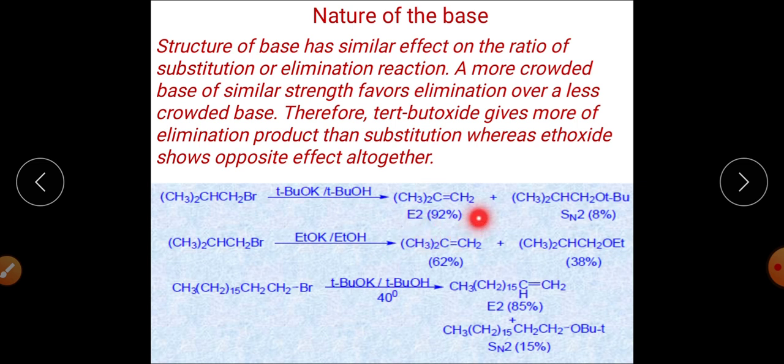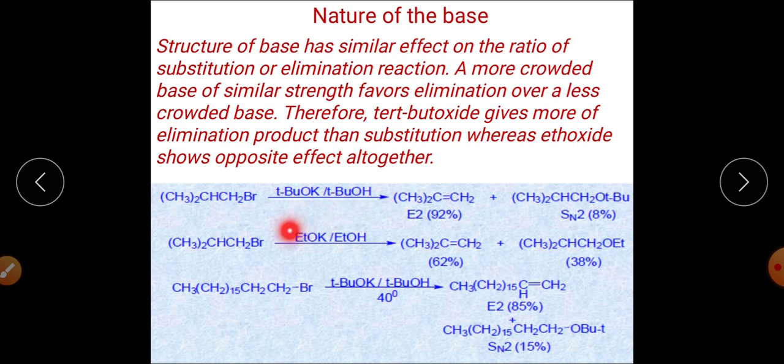That 92% product will be alkene, with mechanism elimination bimolecular, and only 8% is SN2, bimolecular substitution. Because of the overcrowded base, it cannot attack from the back side and cannot eliminate the Br negative. So elimination will be favored when we are taking an overcrowded base as well.